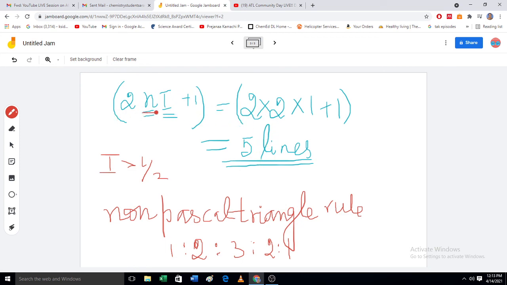There are two nitrogens with I value equal to 1, so 2 into 2 into 1 plus 1 gives 5 lines. Since I is greater than half, it obeys the non-Pascal triangle rule, so the intensity is in this ratio. So this finishes this video.